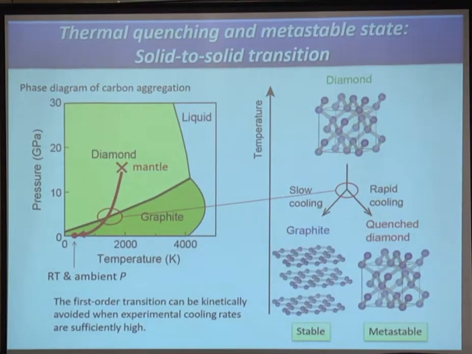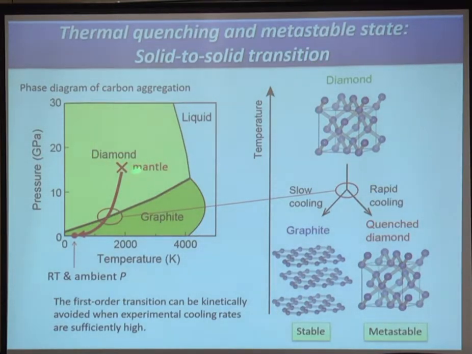This is another example. This is the temperature-pressure phase diagram of carbon. As you know, the most stable form at room temperature and ambient pressure is graphite, whereas diamond is a stable state at high temperatures and high pressures.